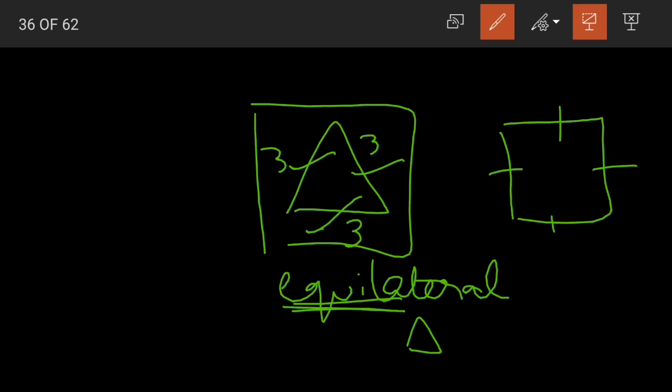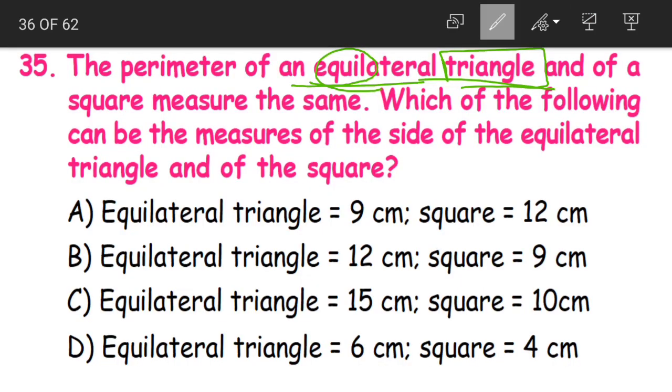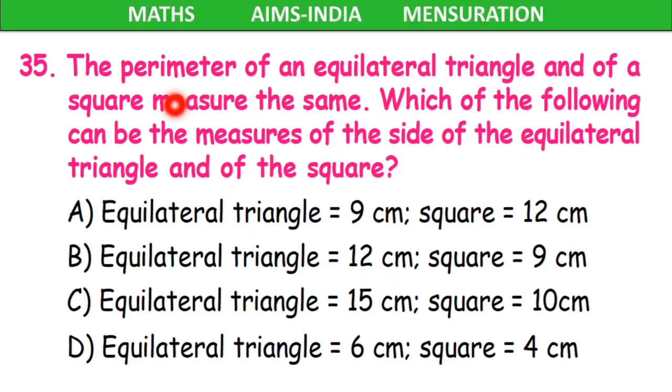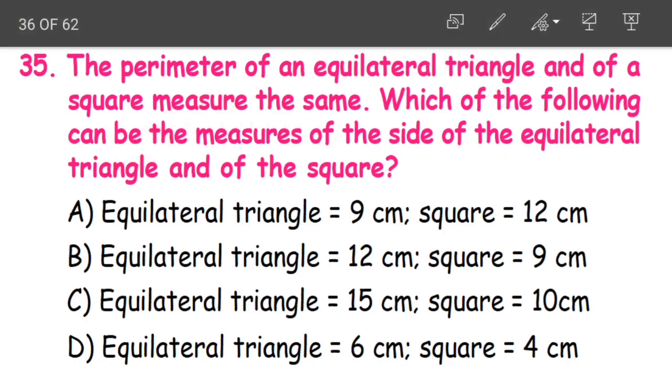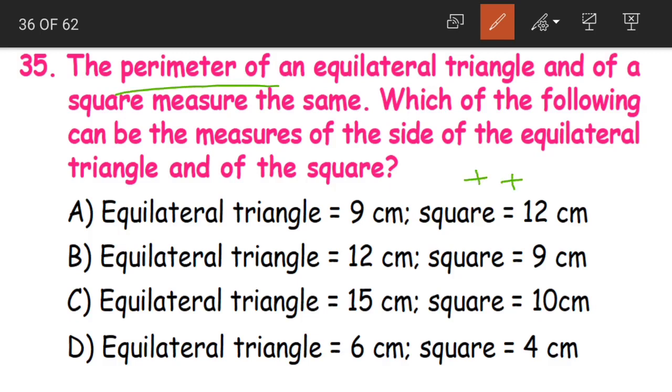When all three sides are equal, it is called an equilateral triangle. And what are they saying here? The perimeter of both the equilateral triangle and the square are the same. How do we calculate the perimeter? The sum of the lengths of all sides.